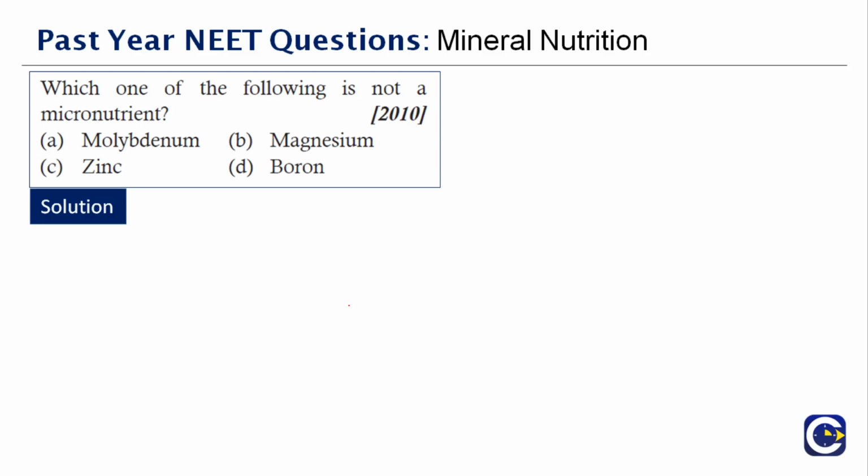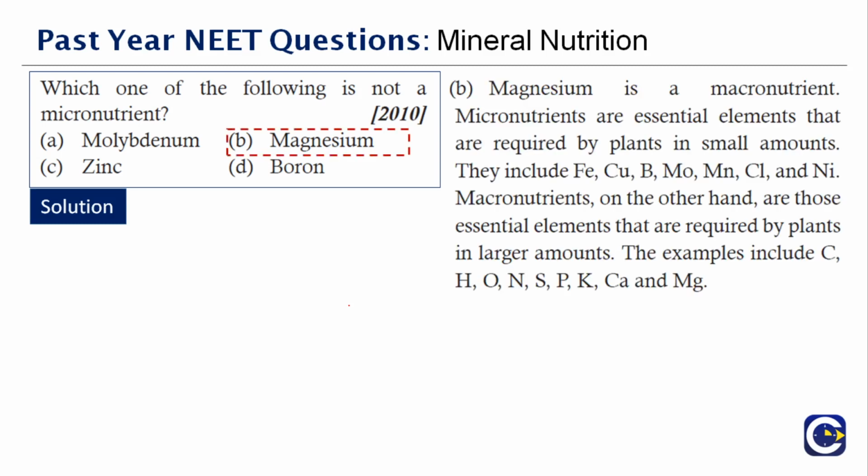They include iron, copper, boron, molybdenum, manganese, chlorine and zinc. Macronutrients, on the other hand, are essential elements required by plants in larger amounts. They include hydrogen, oxygen, nitrogen, sulfur, phosphorus, potassium, calcium and magnesium. Therefore, the one that is not a micronutrient is option B, magnesium. So macro and micro are not about size, they talk about the requirement.